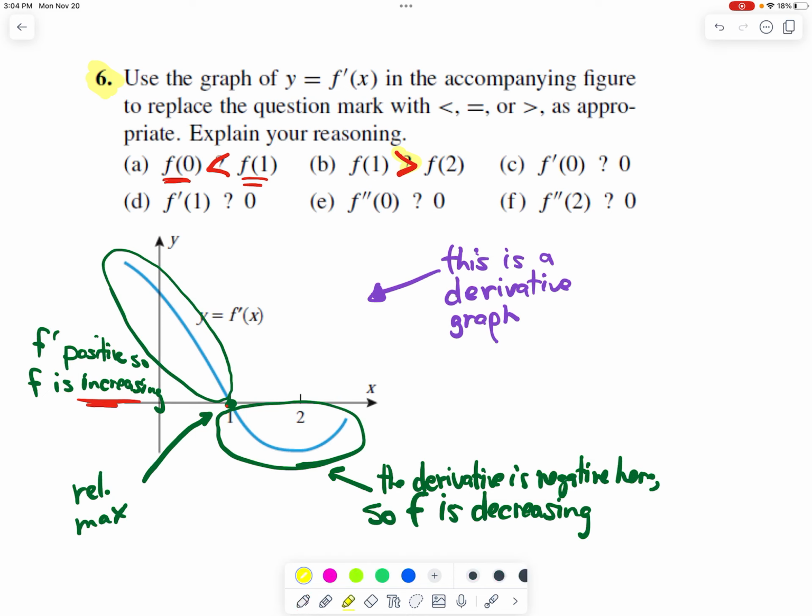Now the C and D, I'll highlight those. Those are real nice because they're asking about the first derivative, of which the graph we have right there in front of us. So what is f prime of 0? Your eyes go to 0 and they go here. That means what's the slope of the tangent line there?